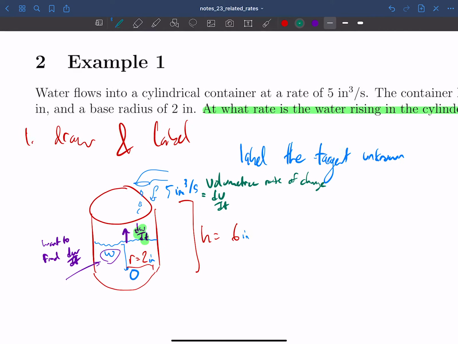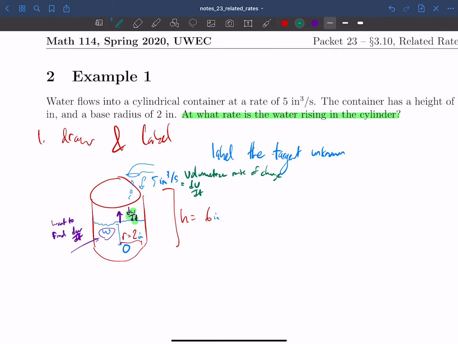So I think that our constituting equation, our governing equation, is going to be something about the volume of a cylinder. I'll call that V_cyl, or just V, though adding a little subscript is pretty nice.